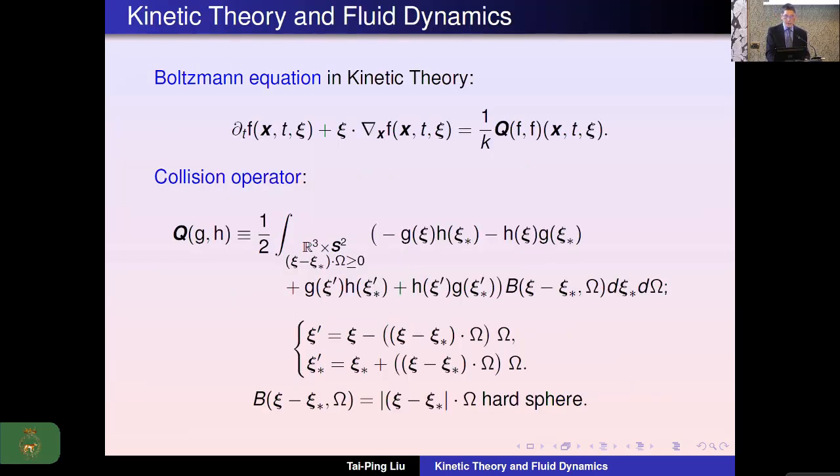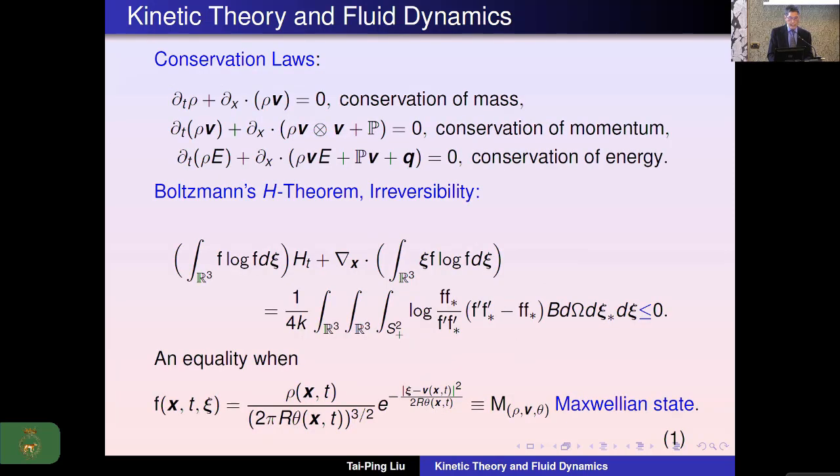Now here's the Boltzmann equation. Now, even writing down the Boltzmann equation is not easy. But anyway, the particles move around. How does it change? It changes due to collision. Okay. All right. And there's a conservation law which was found by Maxwell.